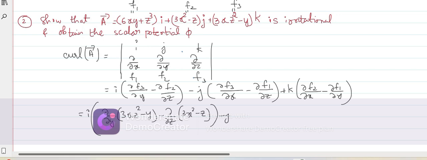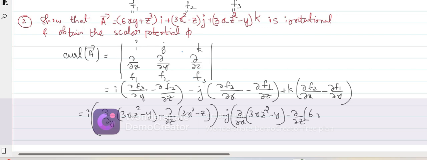Right? So minus j into dou by dou x of f3. So f3 is 3xz square minus y, minus the partial differentiation of f1.